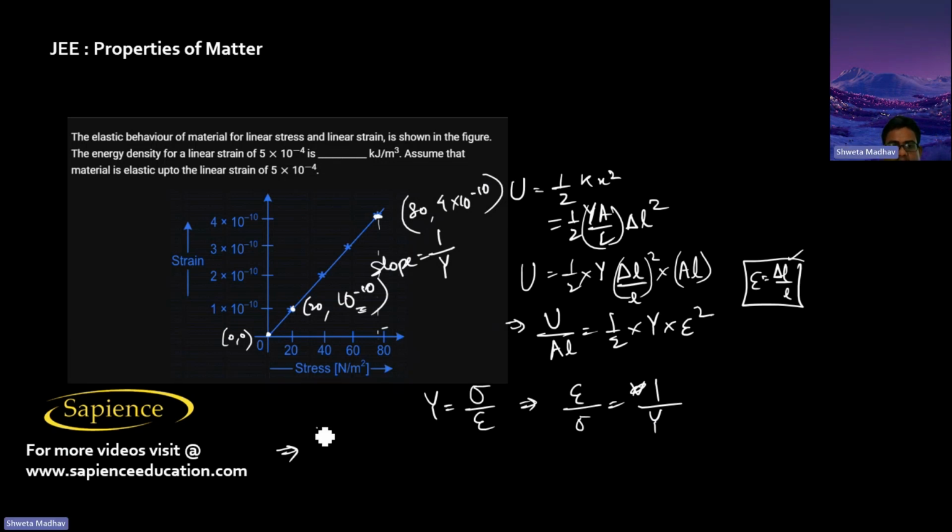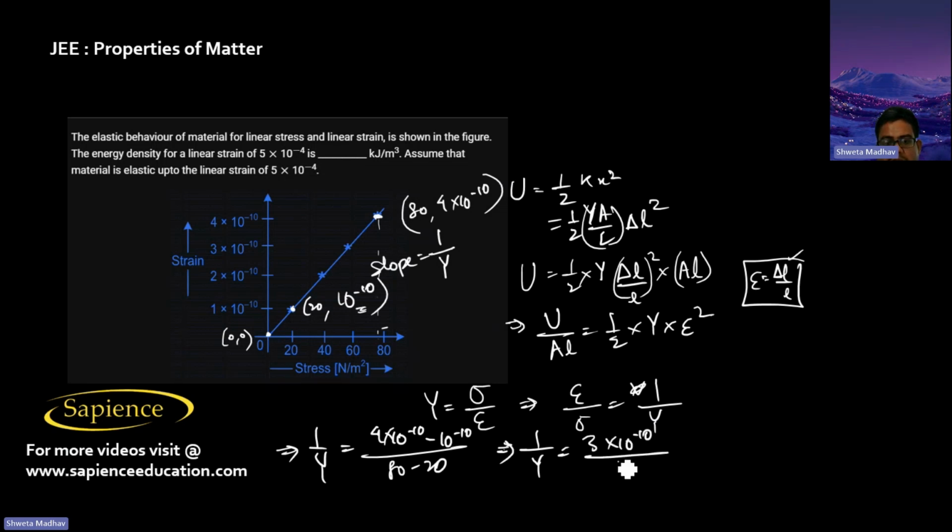So therefore the slope, which is 1 by Y, that is the slope, which is y2 minus y1 by x2 minus x1, which is 80 minus 20. So it means that 1 by Y is equal to 3 into 10 power minus 10 divided by 60, which is 3 by 20, 60, and it will be 100 into 10 power minus 12 divided by 20, so 2500.